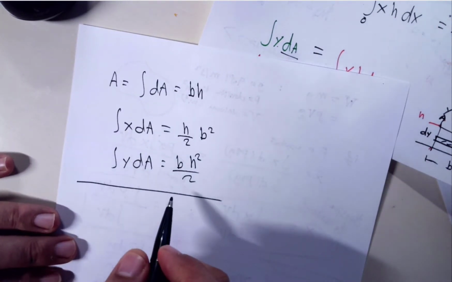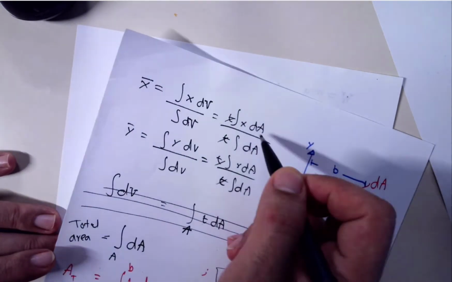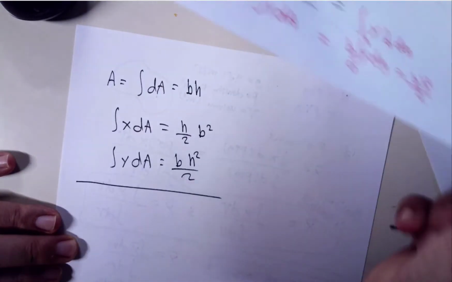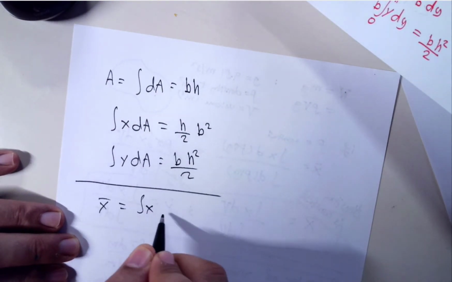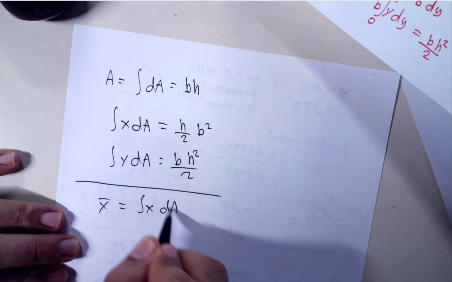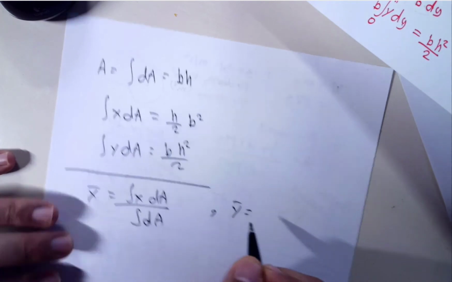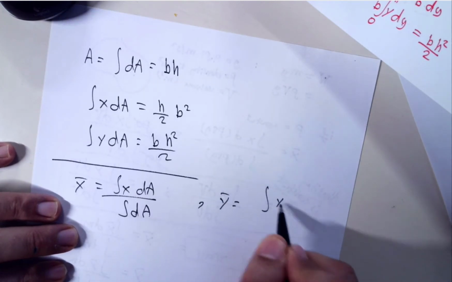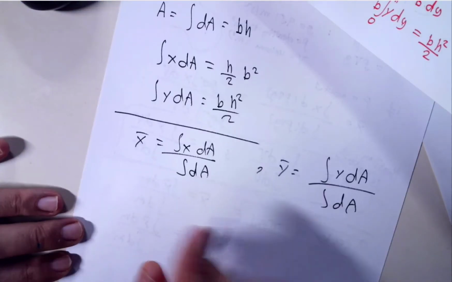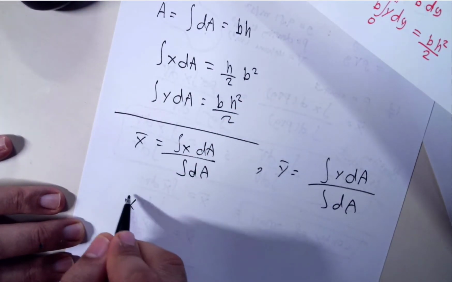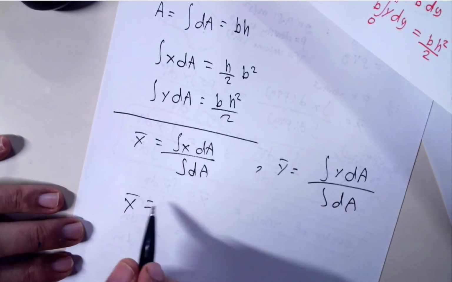Now going back to the formula that we found over here, I'm going to rewrite it. x bar equal to integration of x dA over integration of dA, and y bar equal to integration of y dA over integration of dA. So just substitute these values here. We're trying to identify the centroid.